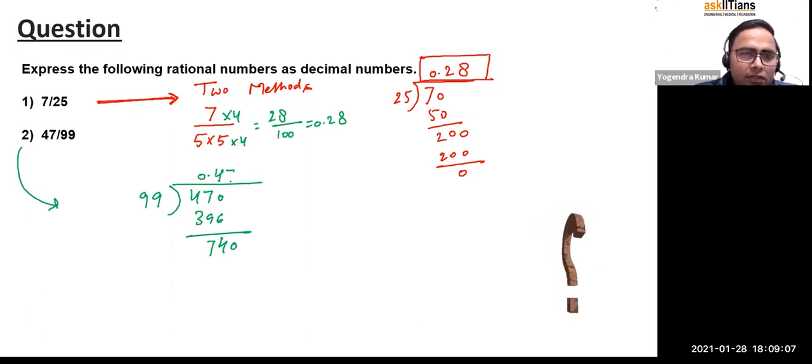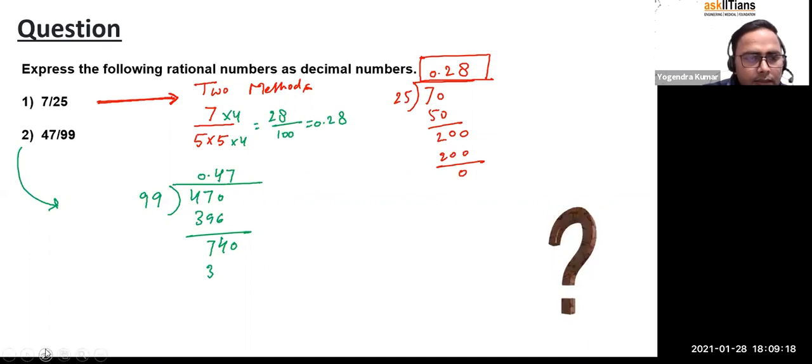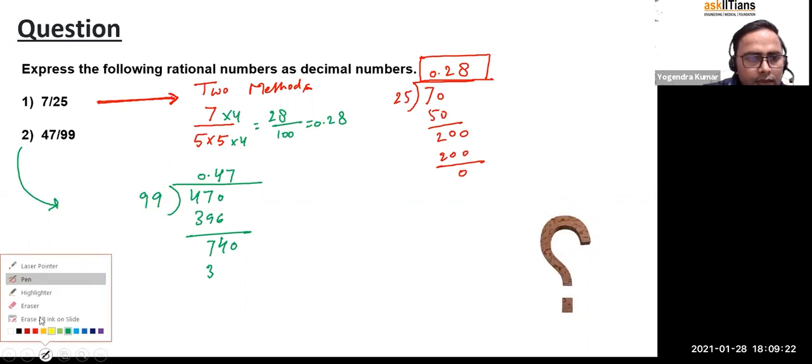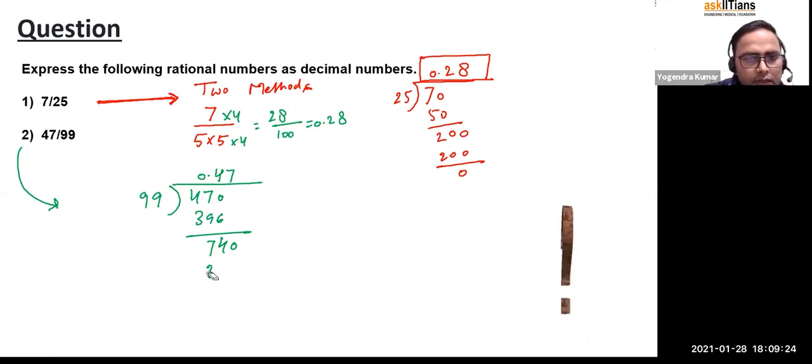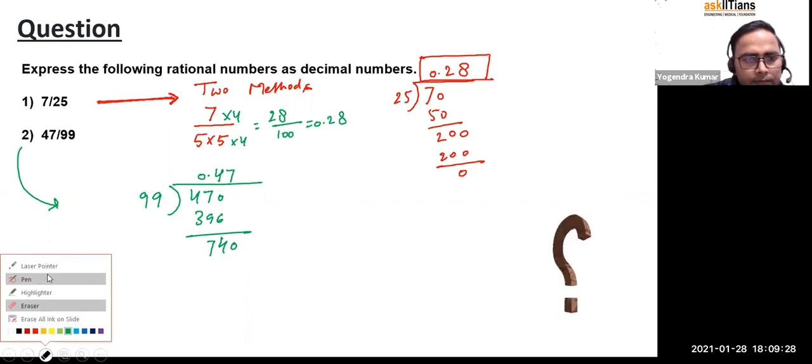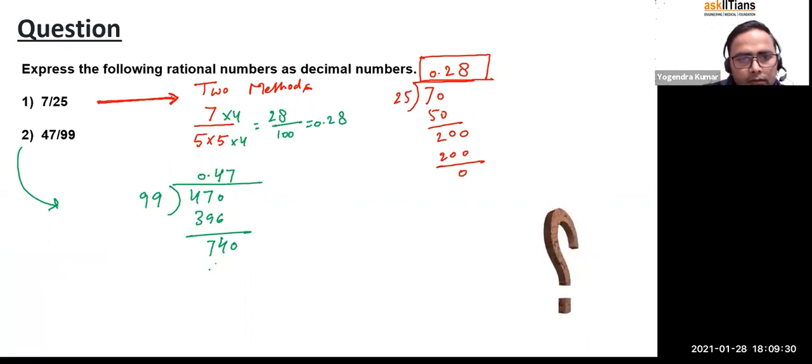How many times will it go? 7 times, we get 693.